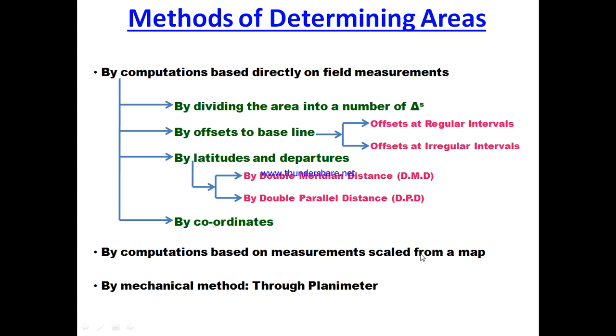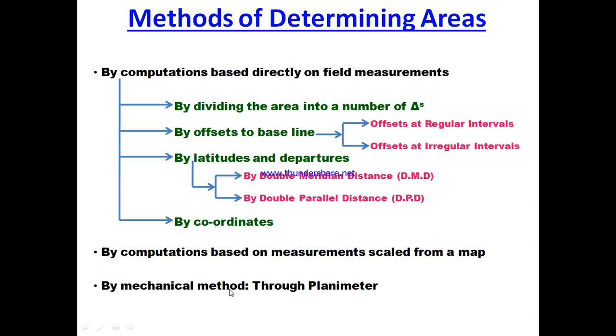Scaled means you are reducing the length in the field to the map size. So this is known as the computation of area based on the scaling of a map.